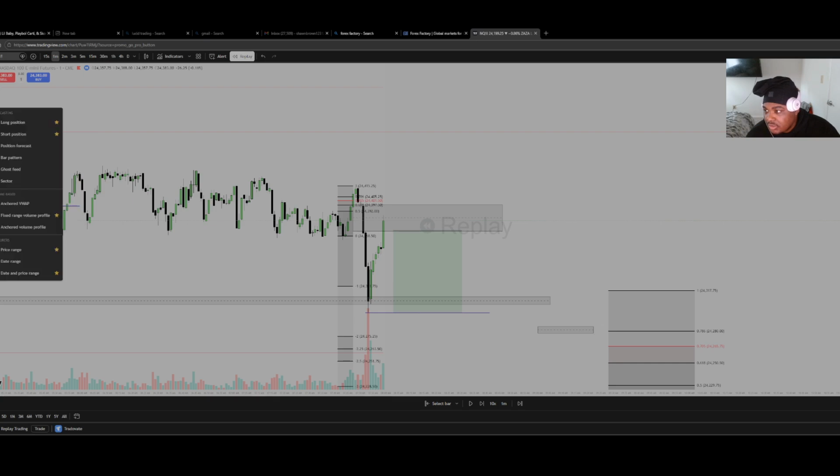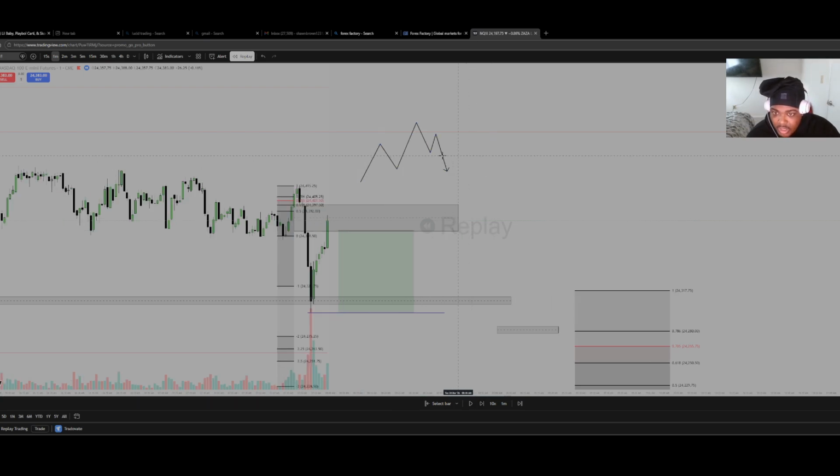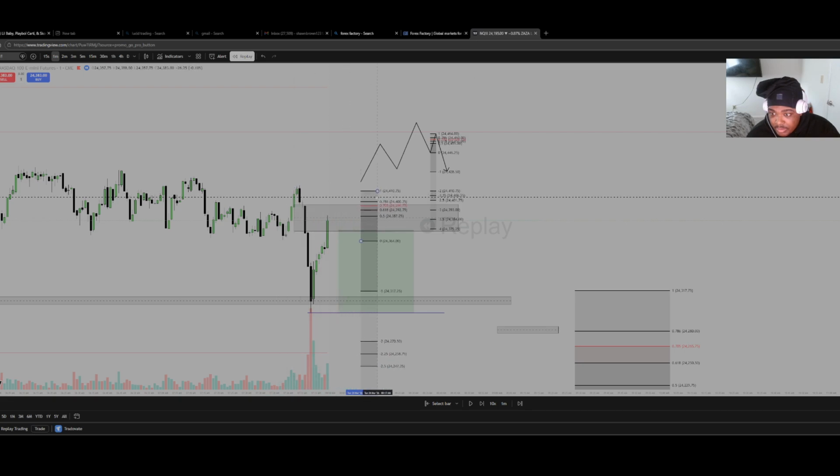It's kind of similar to this, right? So right here, we did imbalance, we came back up, then we swept this, right? So what I'm doing is marking the manipulation leg, which will be this. Same as here. This will be the manipulation leg.